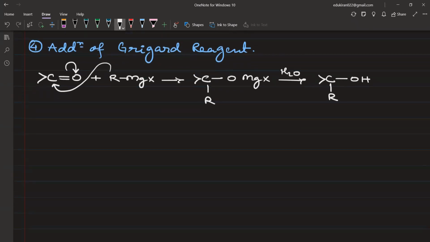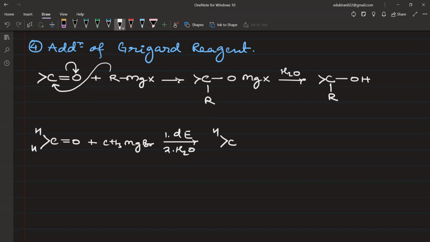If you have formaldehyde, the two groups are hydrogen and hydrogen, double bond O. It is HCHO plus, let's suppose we have CH3MgBr. The first step is in the presence of dry ether, second in the presence of water. So the two groups will be as they are, hydrogen and hydrogen. The double bond O will become OH, and this carbon atom is going to get CH3.